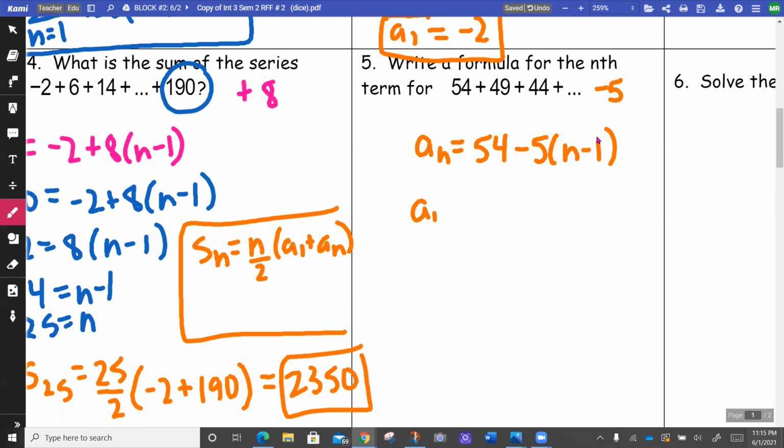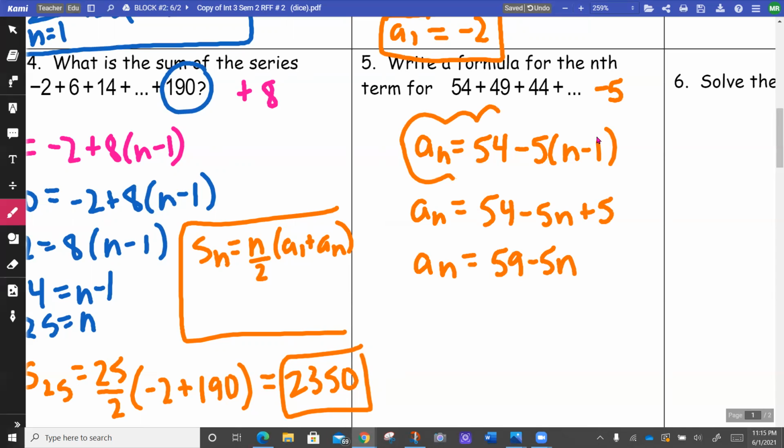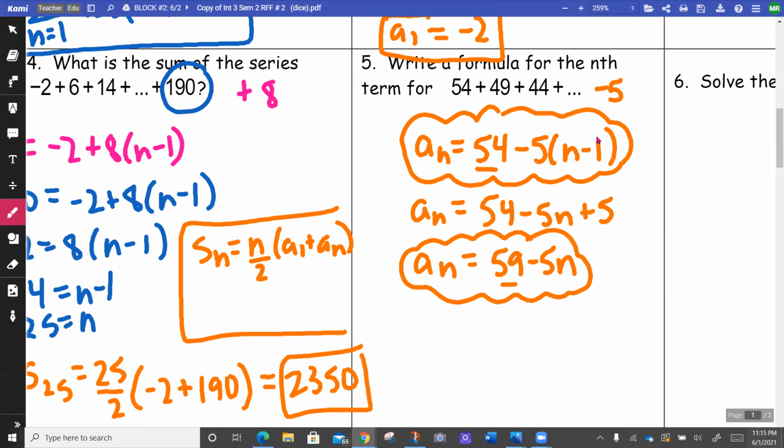If you want to clean it up, you can. That's acceptable. But if you want to clean it up, 54 minus 5n plus 5. So that's going to be 59 minus 5n. So either this is your equation where this 54 is your first term, or this is your equation where this 59 is your zero term.